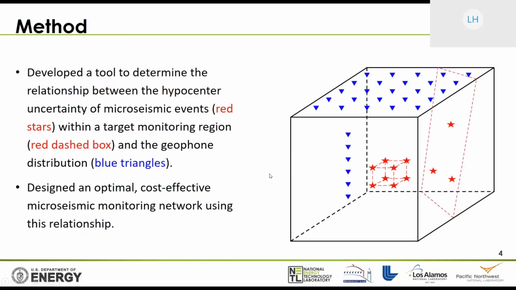And we try to understand the relationship between the hypocenter uncertainty of all those microseismic events and the geophone distribution. Here, we show that we can have surface geophones or borehole geophones, and try to understand how many of them we need and how to distribute them, and then to determine the optimal cost-effective microseismic network.